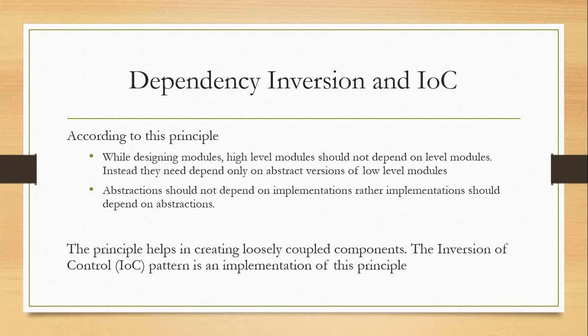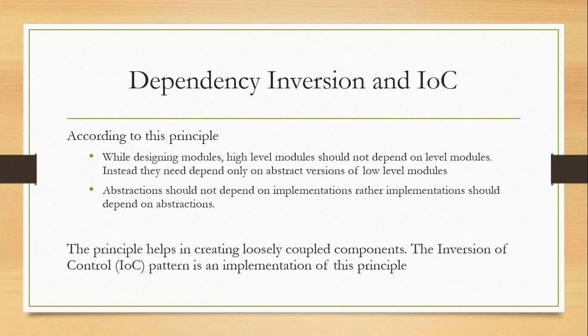Now let's try and understand this with an example. While we are saying that the dependency inversion principle tries to highlight the way we should be creating our high-level class modules and our low-level class modules, we need to see how we design the high-level class modules and how we design low-level class modules.